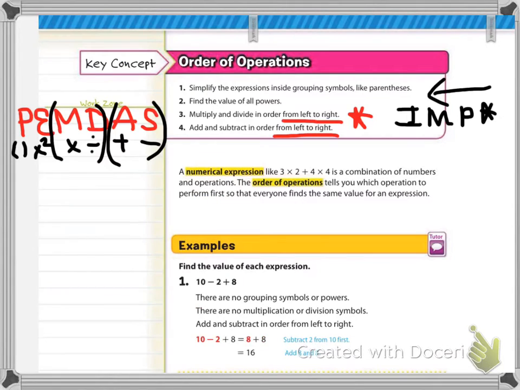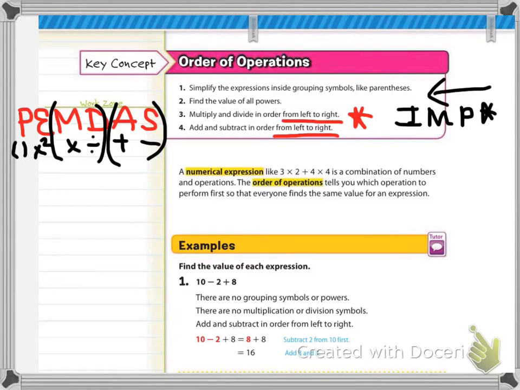Okay, and we're looking at our order of operations, PEMDAS. This page was reviewed in the book. Here are the rules. It's important to note that the number 3 and number 4 rule are reminding you that you multiply and divide in order from left to right, meaning whatever operation is to the left, if divide is on the left, you would do it first.